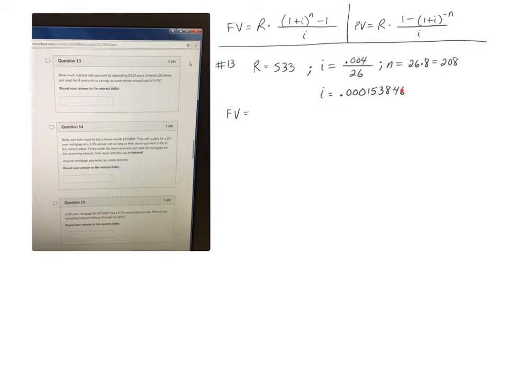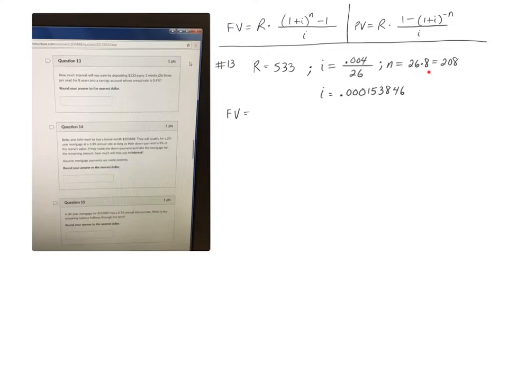This isn't the full decimal that came on the calculator, and I'm not sure how touchy your homework thing is here, but when I do this on the calculator, I'm going to use all the decimals that the calculator gave me to keep that really accurate, because it matters a lot when something gets multiplied together like 208 times. Little errors will become big errors. Anyway, N is 26 payments per year for 8 years, which is 208 payments.